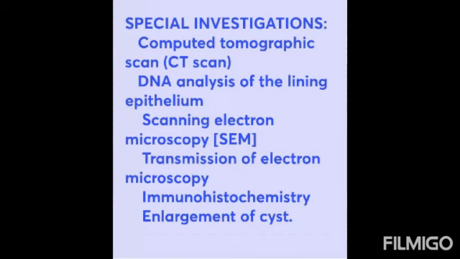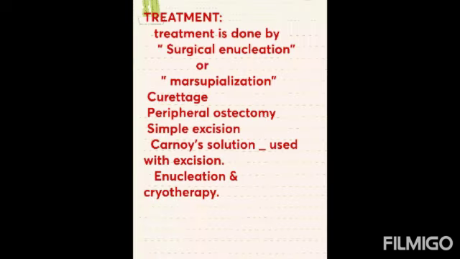Next, moving on to the treatment for OKC. The treatment is done by surgical enucleation or marsupialization, and curettage and peripheral ostectomy, and simple excision, and Carnoy's solution. Carnoy's solution is not used alone; it is used in conjunction with excision and enucleation.